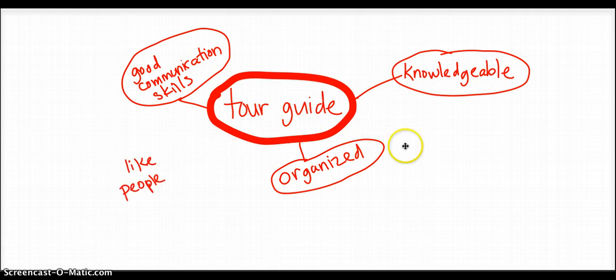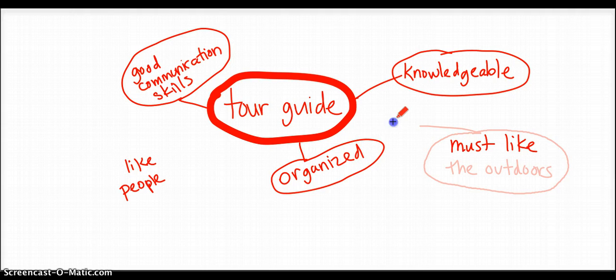And there are a lot of outdoor activities when you're a tour guide, so they must like the outdoors or doing things outdoors. Okay, so I'm going to put a circle around this, connect it to the main idea.